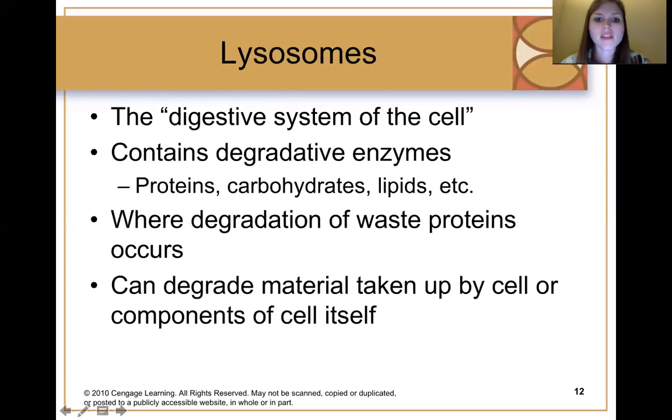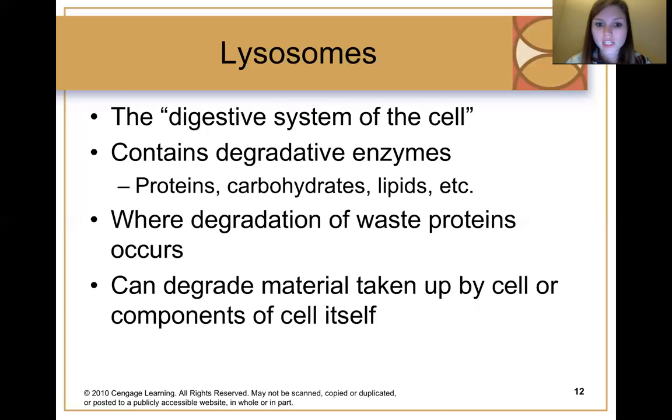So lysosomes are the little pink circles that we saw on that picture. Those are known as the digestive system of the cell. Lysosomes contain enzymes that will degrade proteins, carbohydrates, lipids, pretty much anything that needs to be degraded in the cell.